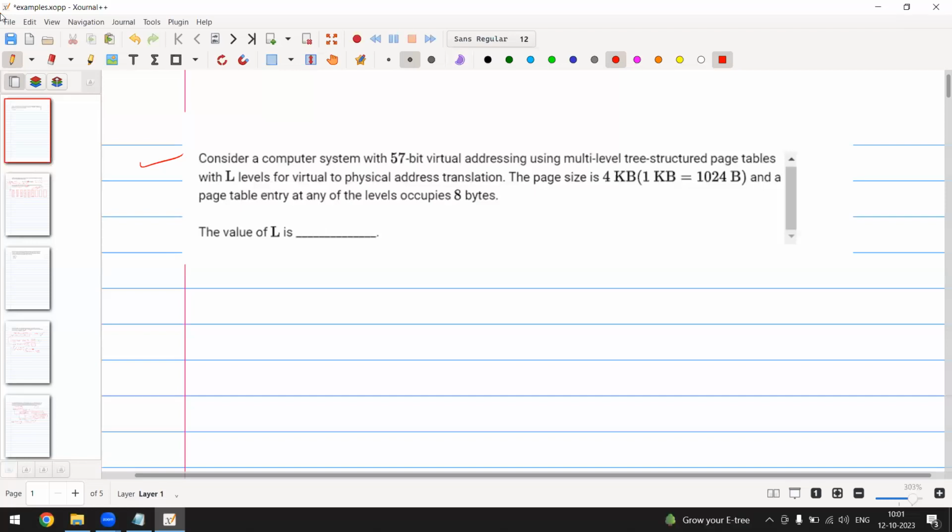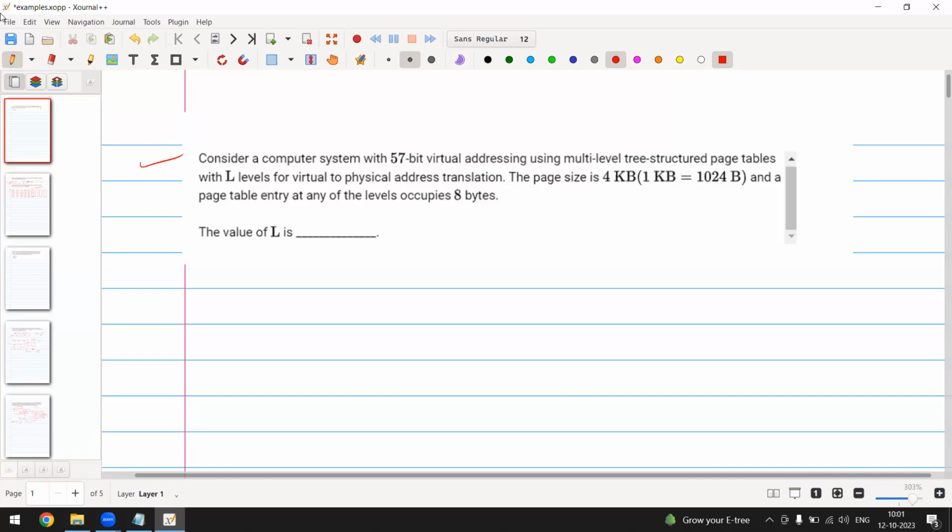Just like in my example I have 2 levels, here we have L levels. The page size is 4 KB. Again, it's a very popular page size. And the page table entry at any level occupies 8 bytes.